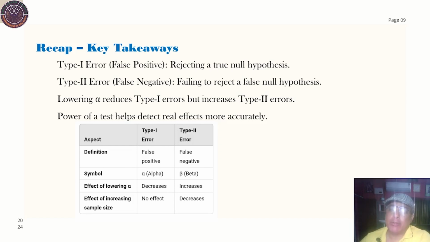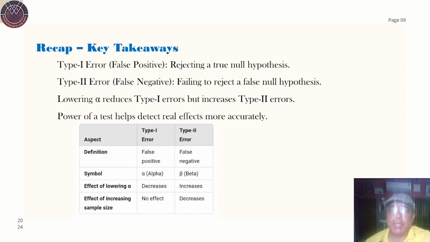You are saying that a particular medicine is working, or that a particular person has diabetes or something. If you take a decision in this way and it has a certain error, then it is quite dangerous. You cannot prescribe a medicine based on a higher level of alpha.